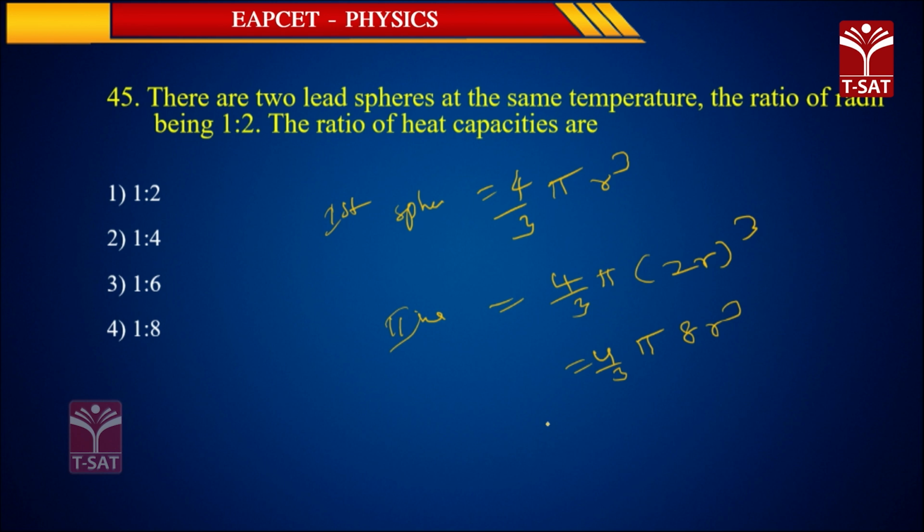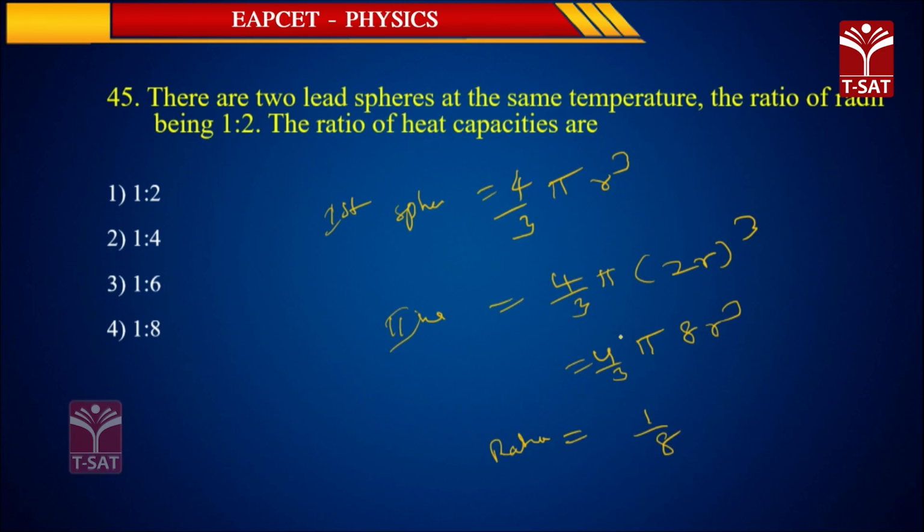Okay, the ratio of the first sphere and the second sphere: 4/3 pi r cube and 4/3 pi r cube get cancelled. What is available? 1/8 is available.